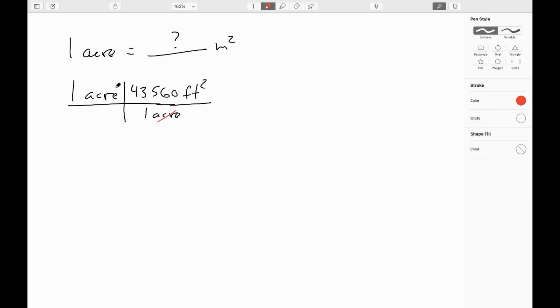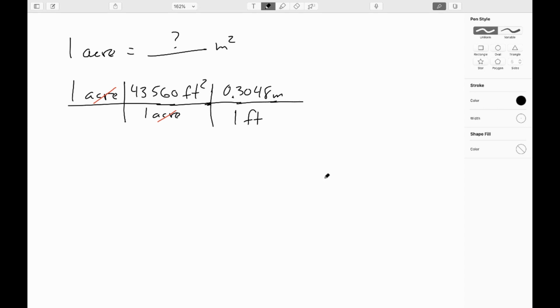All right, that's good. But now here we've got to be a little bit careful. Because you're tempted to just say, oh, hey, I know how to convert feet to meters, right? 1 foot is 0.3048 meters.